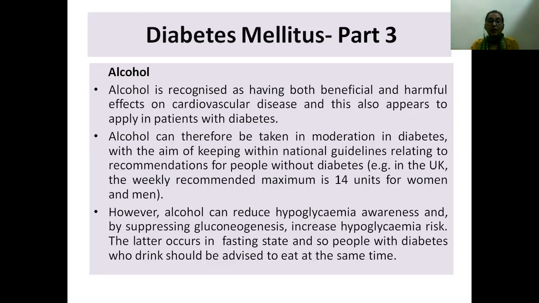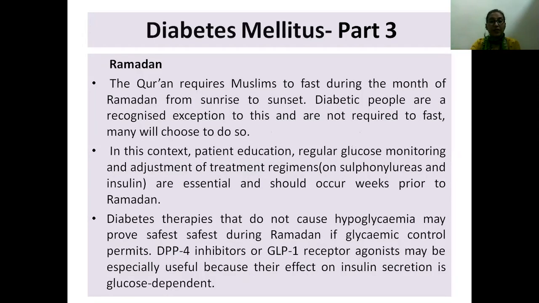However, alcohol can reduce hypoglycemia awareness and, by suppressing gluconeogenesis, increase hypoglycemia risk, particularly in fasting states. So people with diabetes mellitus who drink should be advised to eat at the same time.